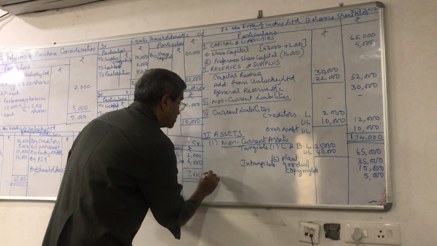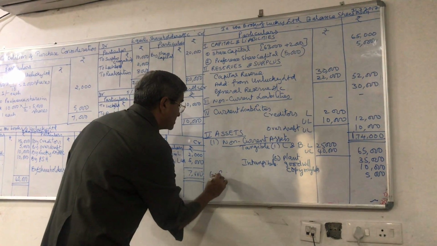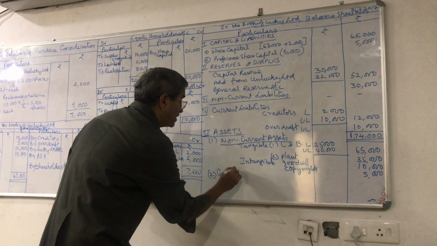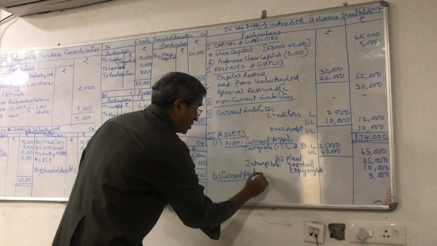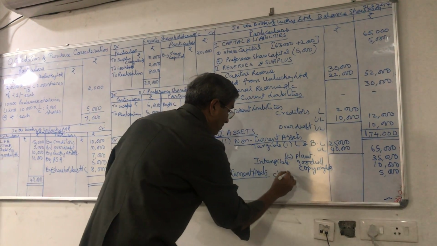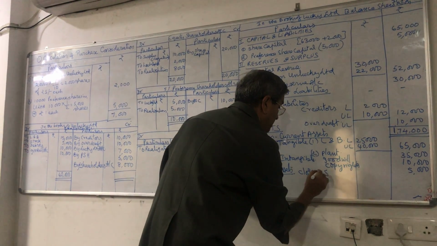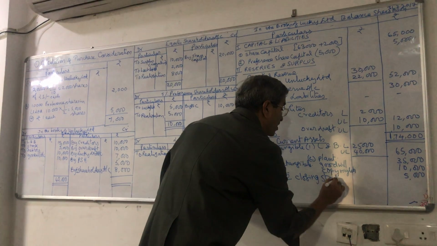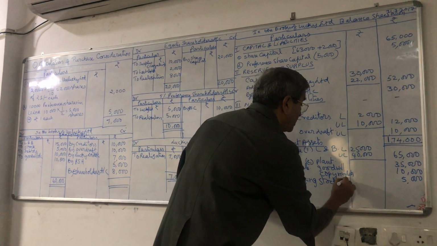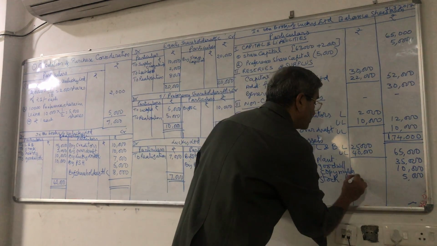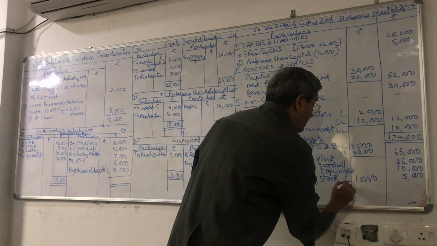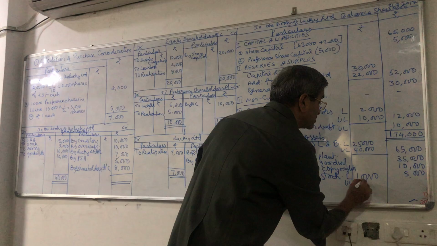Then you have closing stock, that is under current assets. Under the current assets, you show closing stock. Both the companies are there. Closing stock, Lucky Limited, given in the problem, is 10,000, and Unlucky Limited is 5,000.